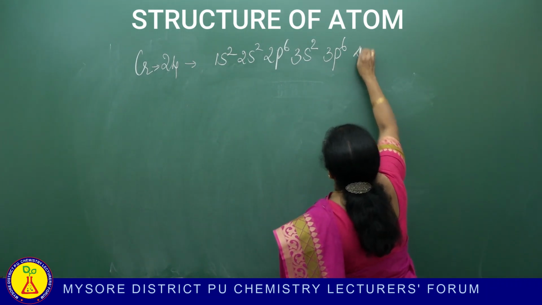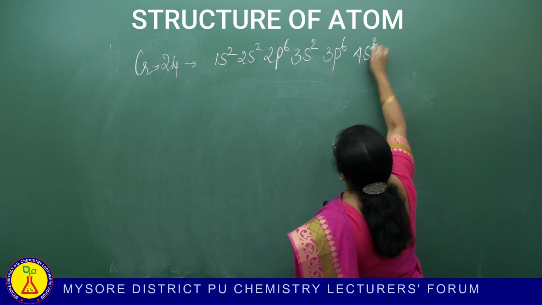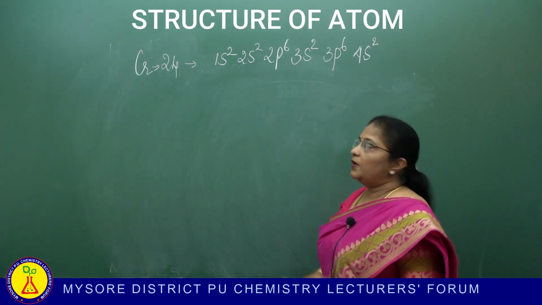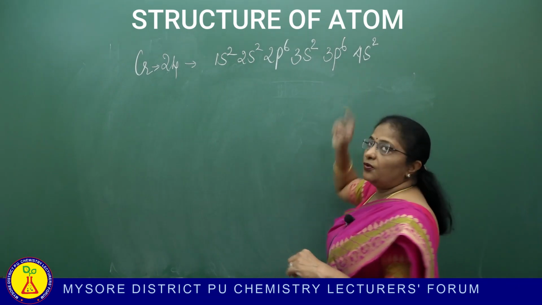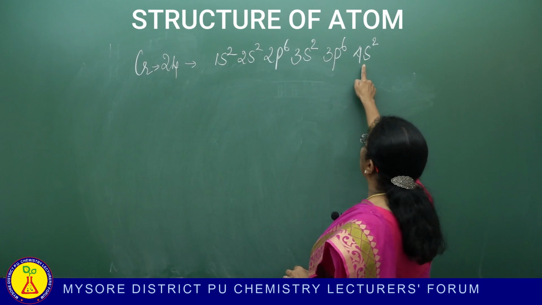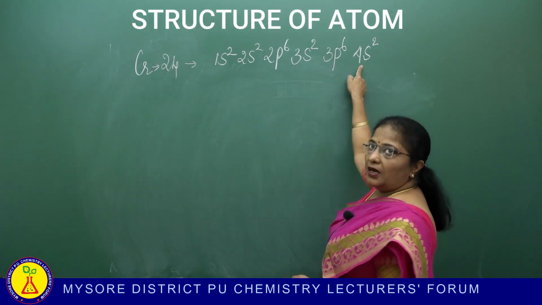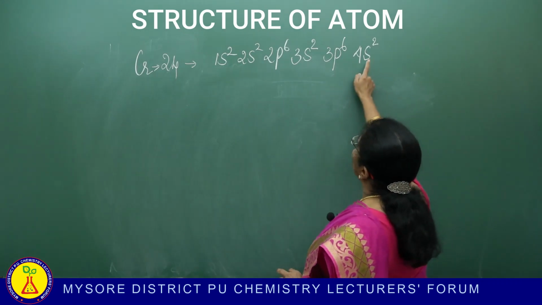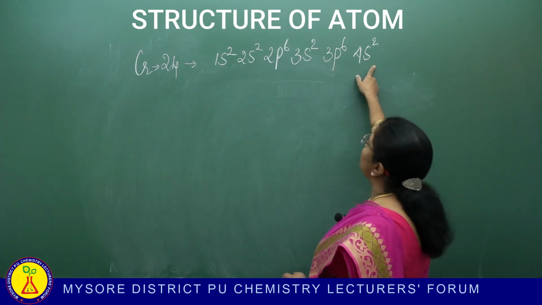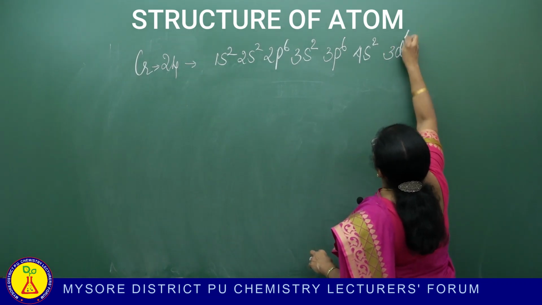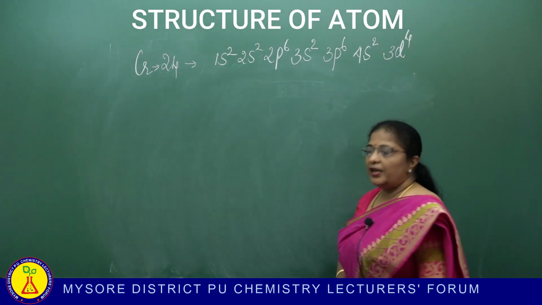Then you have 4s2. You expect this to be 4s2 because, according to the Aufbau principle, the 4s orbital has a lower energy level as compared to the 3d. So how many electrons do we have here? You are having 20. Therefore the 3d you expect it to be 3d4.